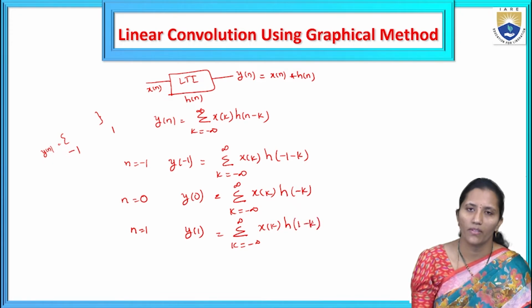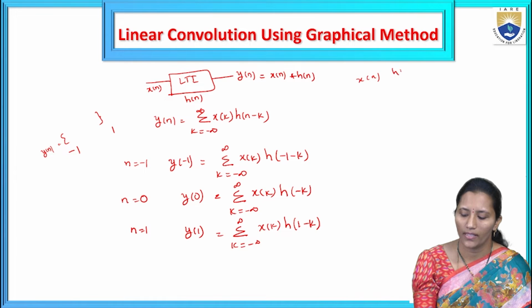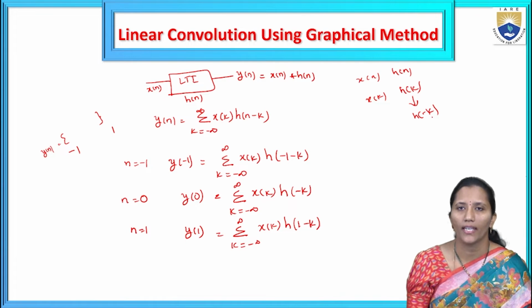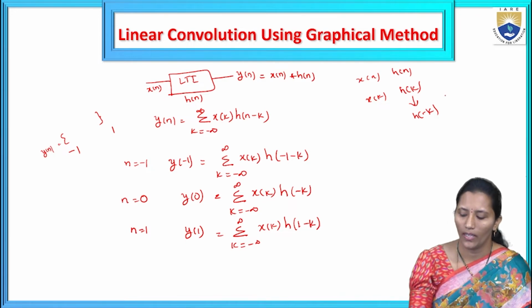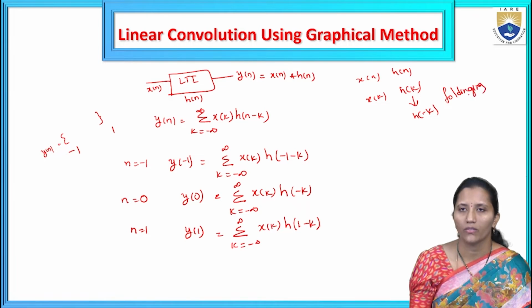So if we observe these equations, first we have to represent the x of n and h of n sequences in terms of index, x of k and h of k, and we have to fold h of k, so we get h of minus k. Then after the folding operation, we should either left shift or right shift to get h of minus 1 minus k or h of 1 minus k.